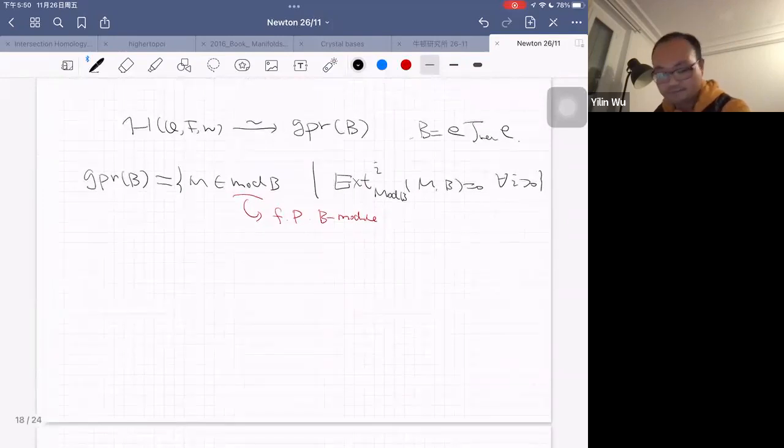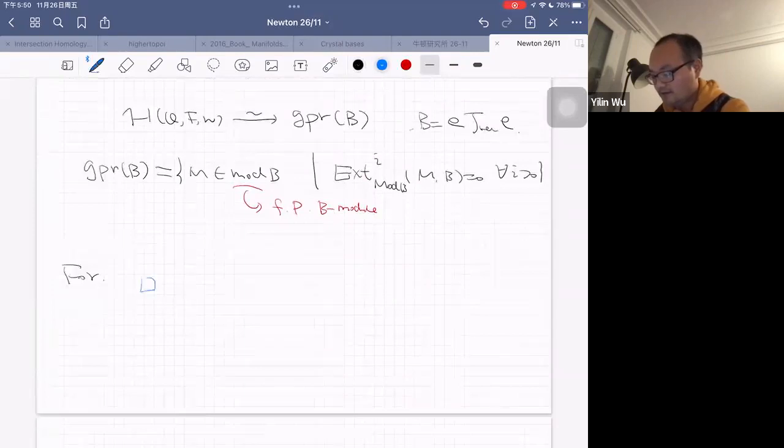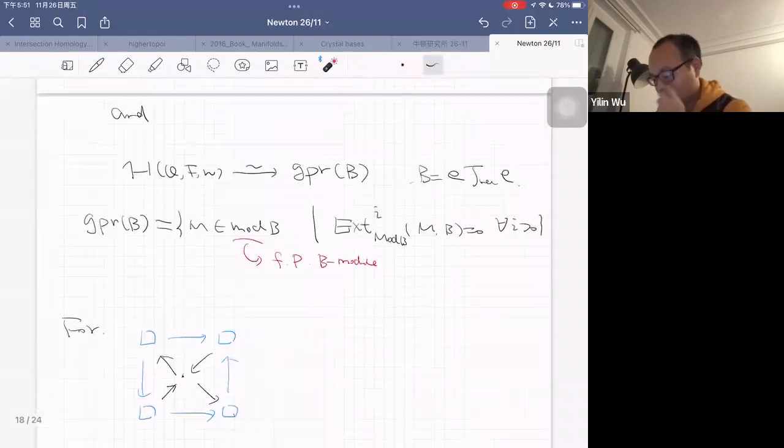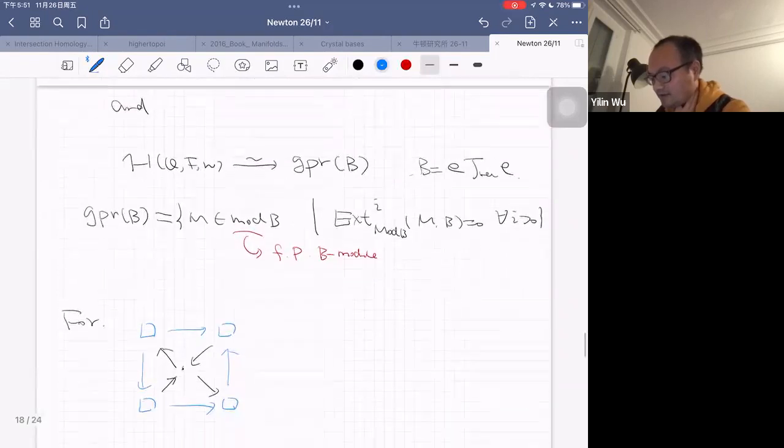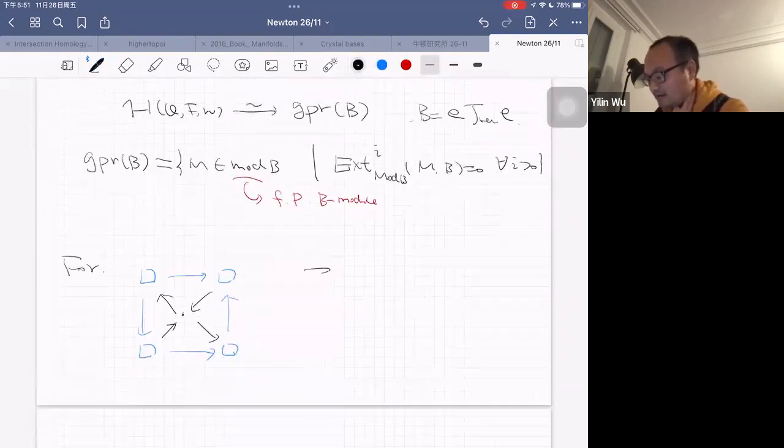For example, for the previous example, in this example this algebra satisfies this condition: it is concentrated in degree 0, and it is also not Noetherian.